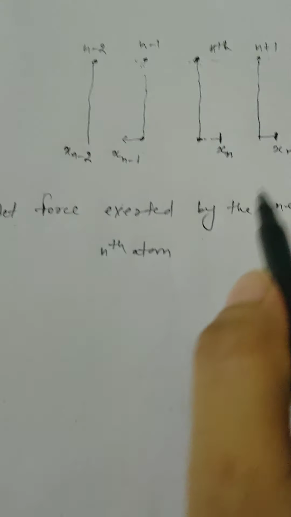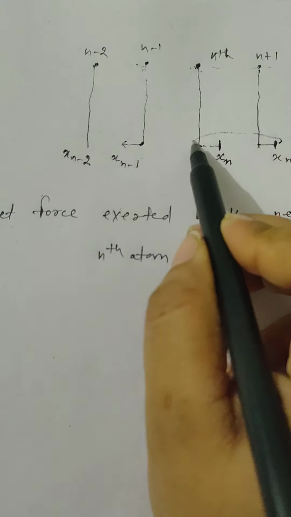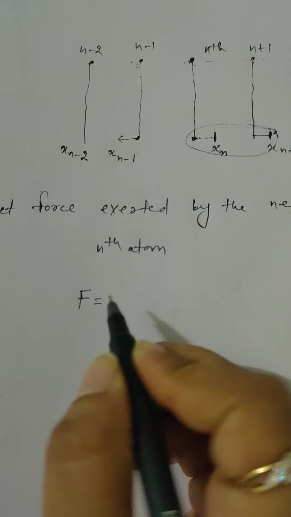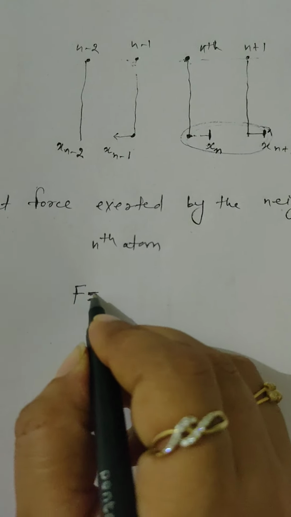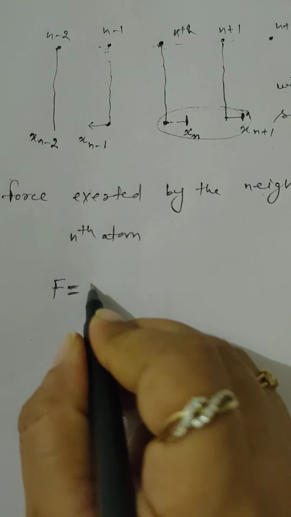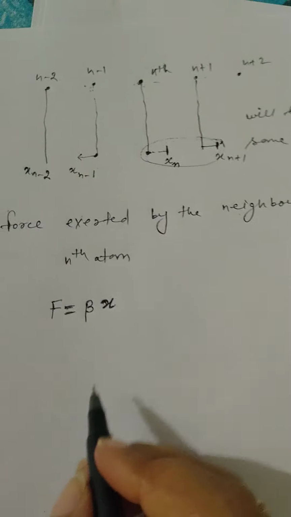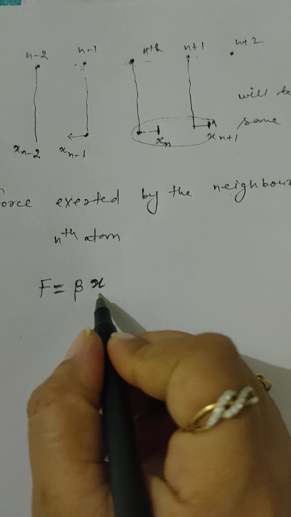So it will be like, if I consider the case of these two atoms, then force is equal to, if I write it, F is equal to beta x. Beta is the constant, beta x, where x is the displacement.